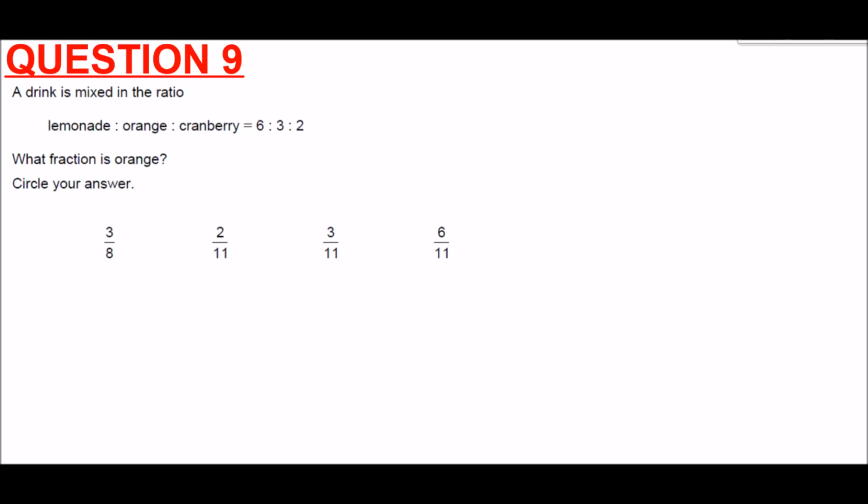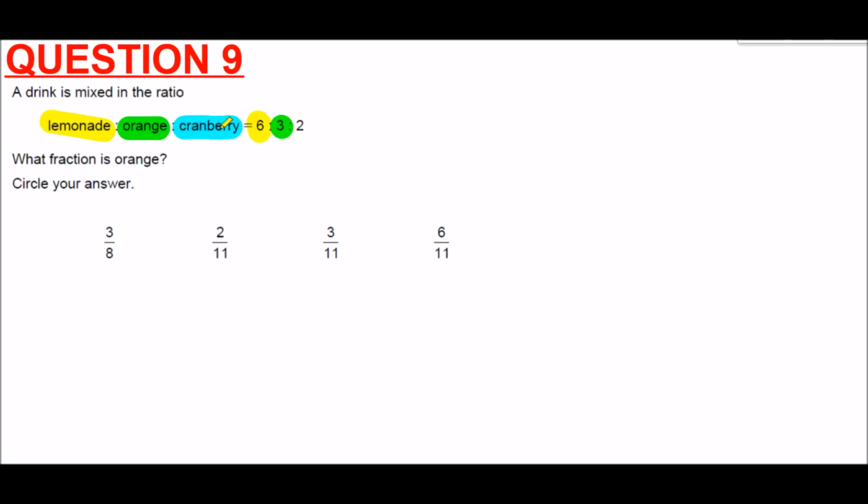Question 9. A drink is mixed in a ratio lemon, orange and cranberry in the ratio 6 to 3 to 2. So if we inspect this a bit fuller, lemonade consists of 6 parts. The orange is 3 parts.